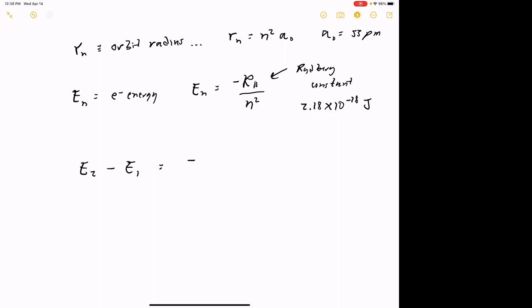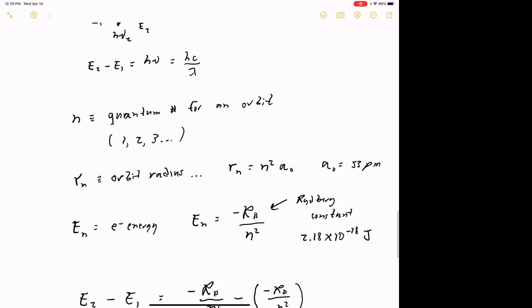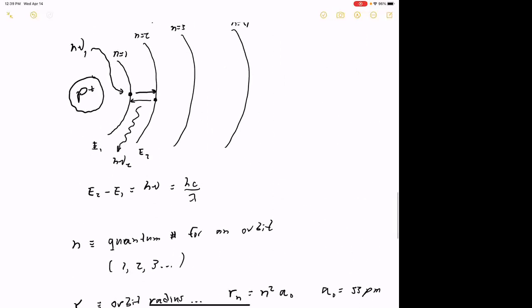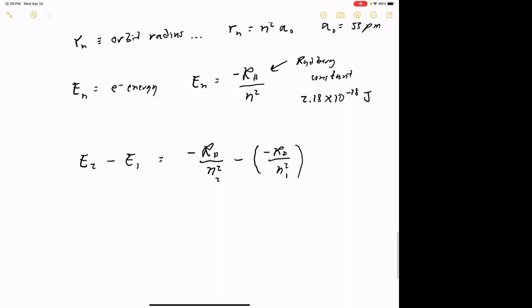I've got minus R sub H over n squared for orbit 2, minus the same thing, R sub H over n squared for orbit 1. Based on that difference, you could calculate the energy difference associated with an electron transitioning from one orbit to the other, say E2 coming back to E1, as I showed you here in the diagram.